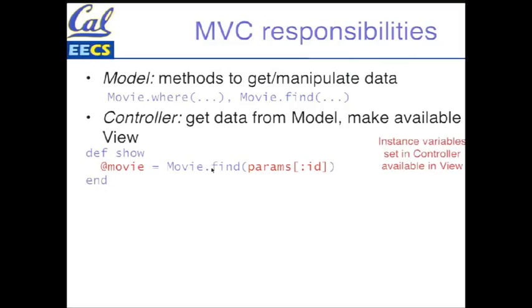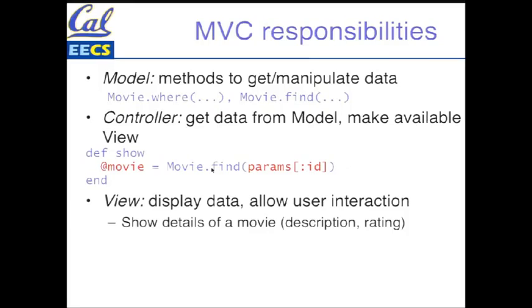The instance variables, remember, that we set in the controller are going to be available to the view. So the view's job is to display the data. It lets the user do some stuff. In this case, because we're doing the show method, it's going to be displaying the details of a movie, like a short description and the movie rating. And how do we know which view or what's going to happen for the rendering step?